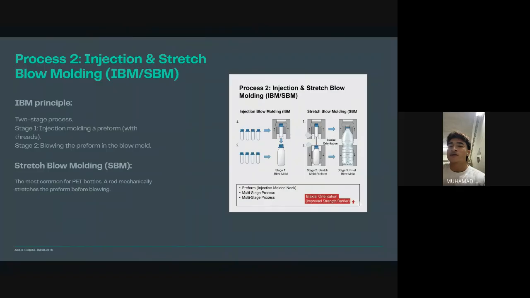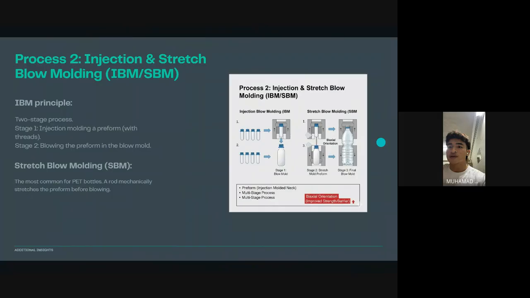And then next, the most advanced version is stretch blow molding, also called SBM. It is used for almost all carbonated drink bottles. In SBM, a rod mechanically stretches the preform before it is blown.